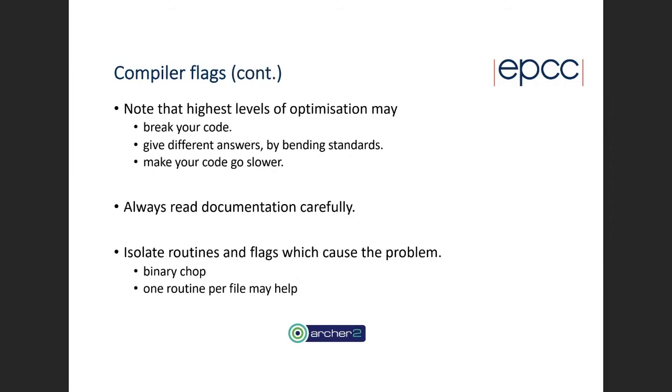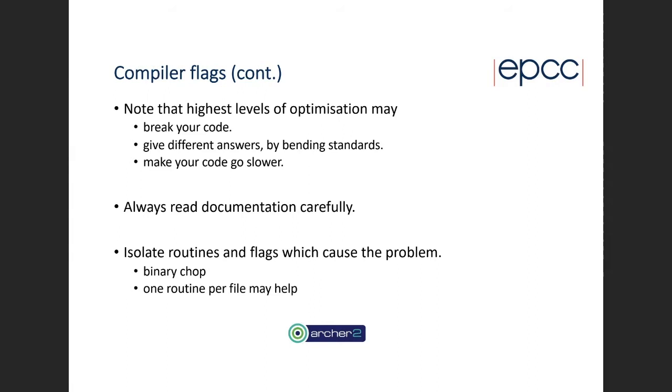Okay, a warning: the highest levels of optimization can do several bad things. They can break your code. Some compilers are explicit about that, and they say, you know, -O5 is not guaranteed to give you the correct results. Other compilers do it accidentally.